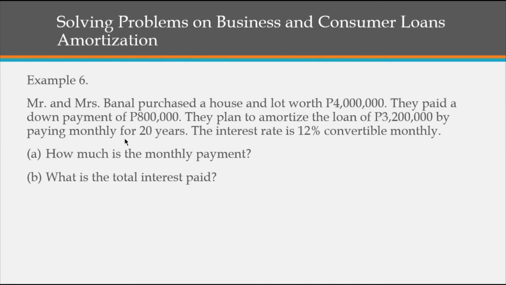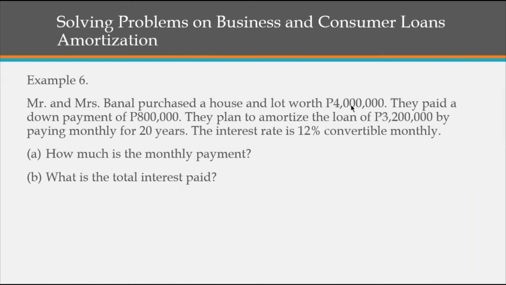They paid a down payment of 800,000 pesos. They plan to amortize the loan of 3,200,000 pesos by paying monthly for 20 years. The interest rate is 12% convertible monthly.